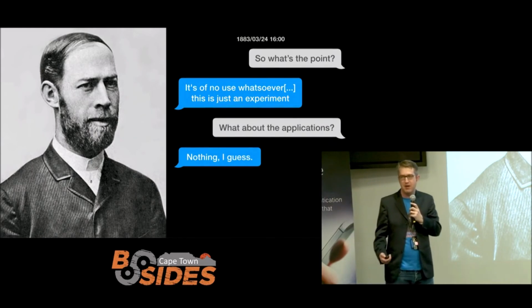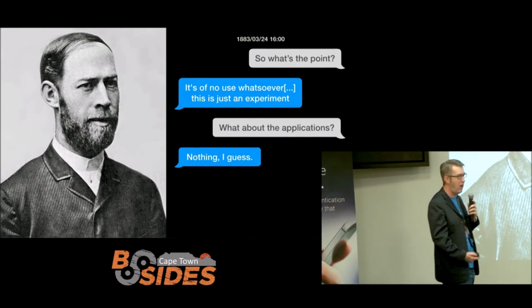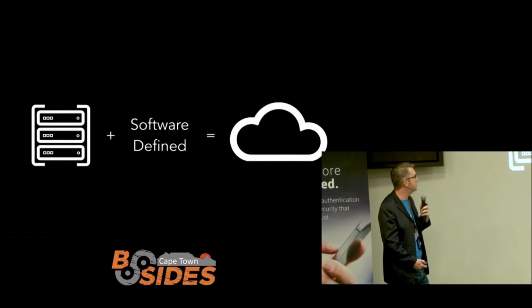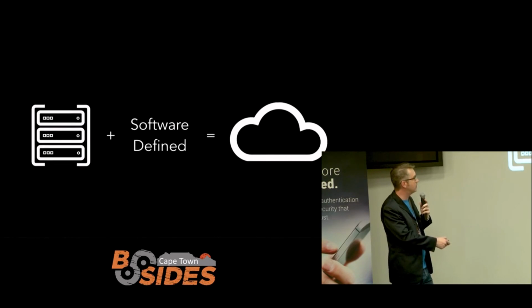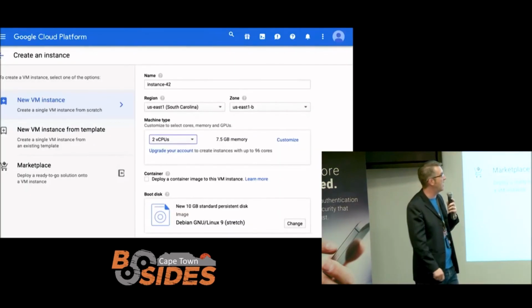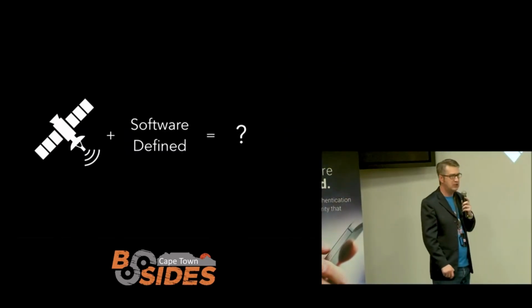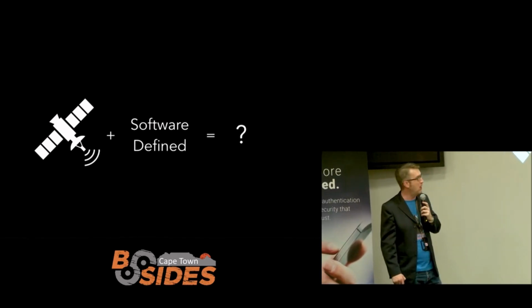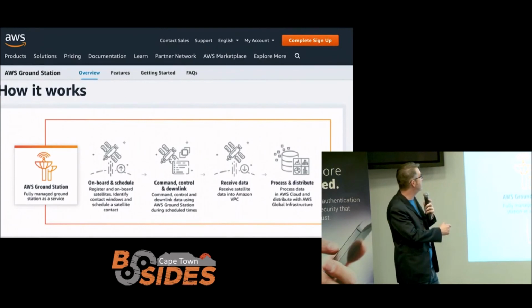If you think about the applications of radio and Wi-Fi and everything else that we use today, that's maybe a point to make. If we think today about what we do with the cloud, we've basically taken computer infrastructure, defined it via software, and called it the cloud, so you can hop onto GCP or anything and make your own VM. What could you do with software-defined radio? It's interesting, AWS is doing this cool ground station network.